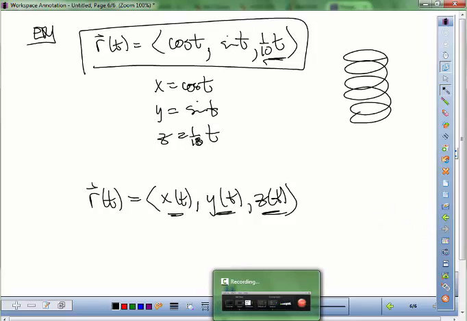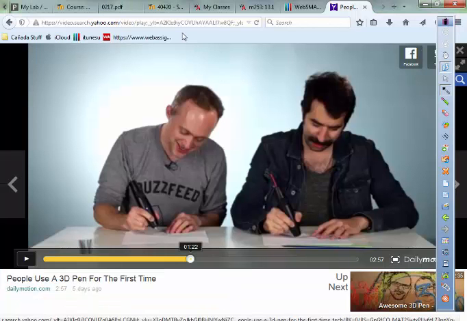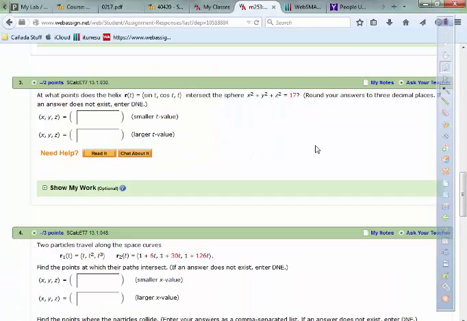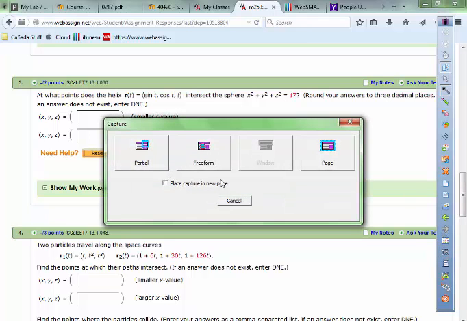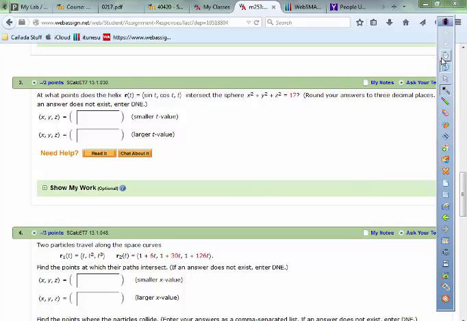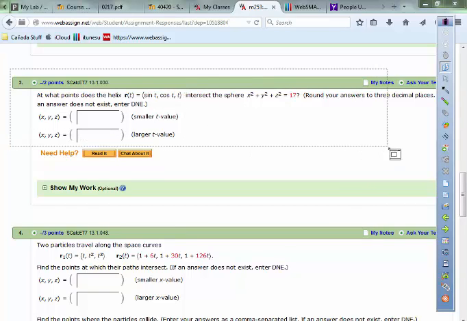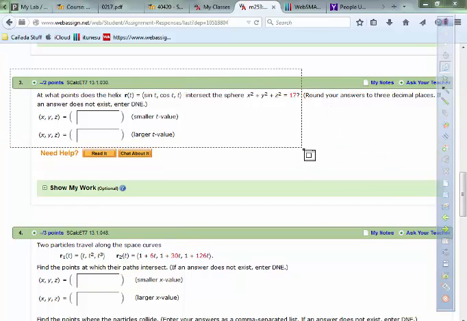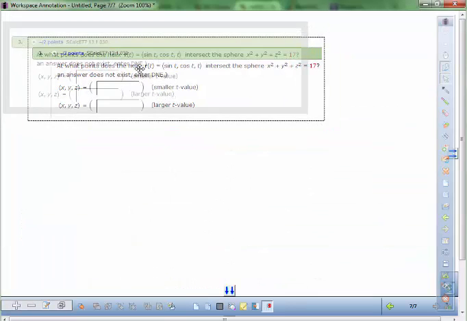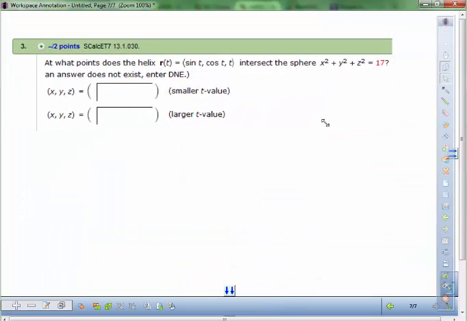All right, let's see that problem again. Number 3. It says, at what point does the helix intersect the sphere? There's another problem I wanted to do with lines and planes, and that's the intersecting lines and planes.